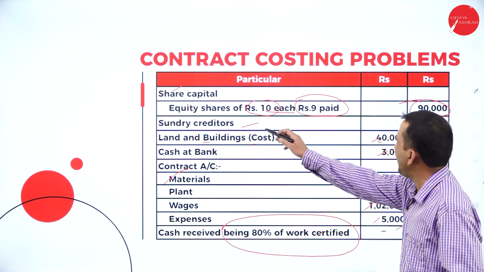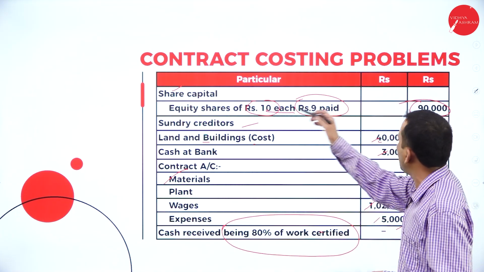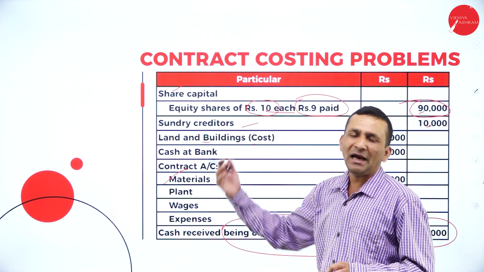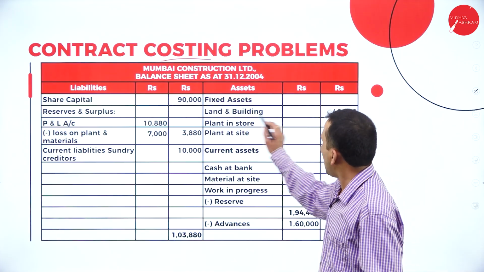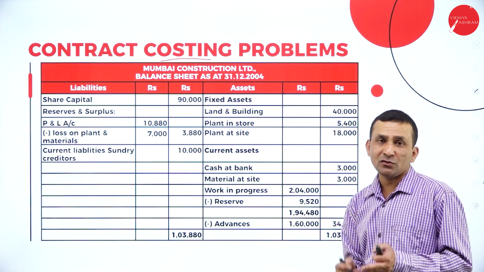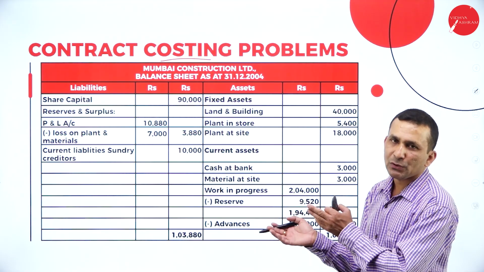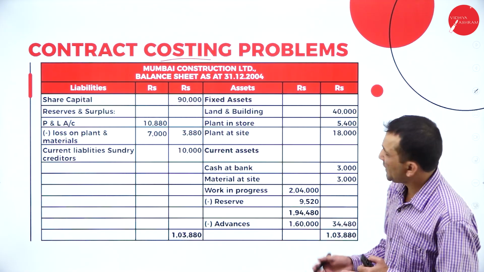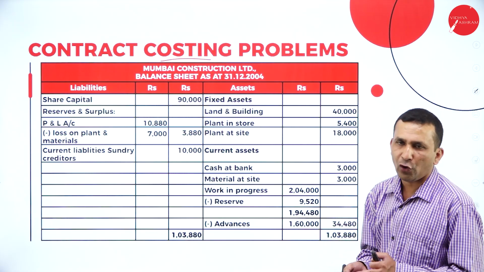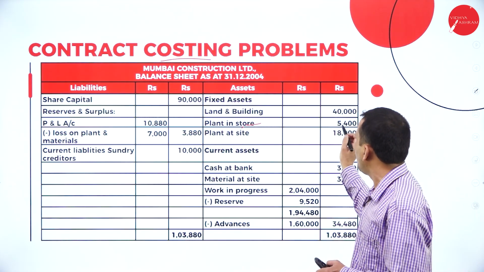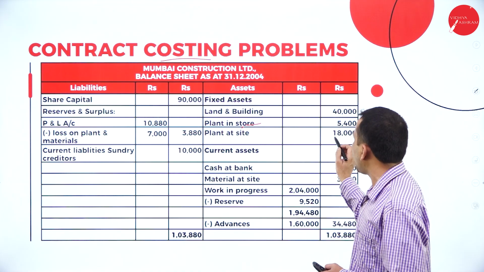Credit side 10,000, equity shares 90,000, whatever is related to balance sheet items. First, land and building, given as 40,000 in the trial balance. Plant in store, because we have sent it back to the store, 5,400, and plant at the site 18,000.